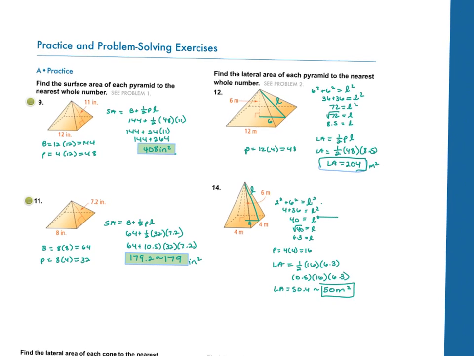Remember to pay attention to what kind of area it's asking for, because 9 and 11 were asking for the surface area, and 12 and 14 were asking for the lateral area. So surface area for number 9 was 408. Surface area for number 11 was 179.2, which rounded to 179, because it asks you to use the whole number.